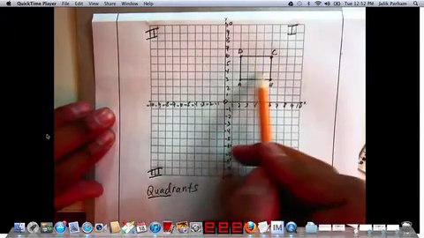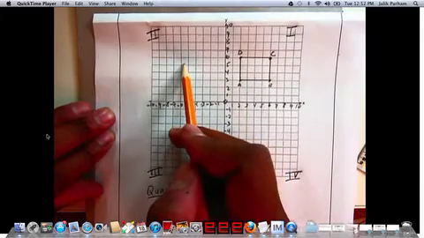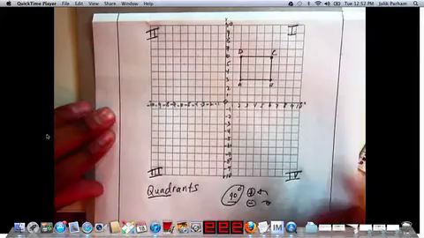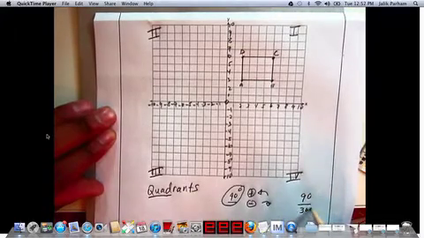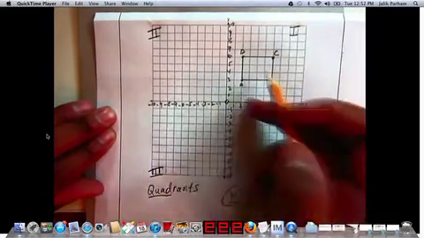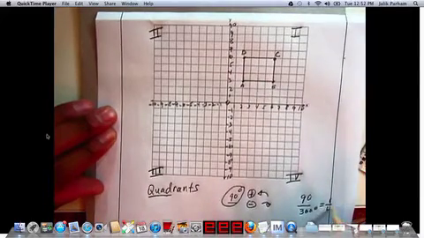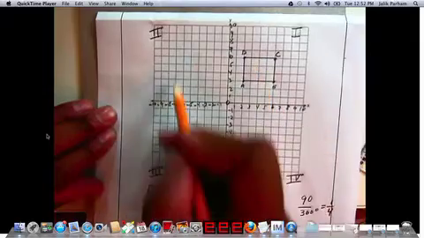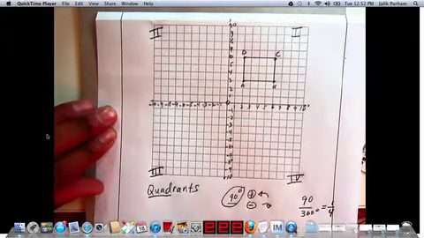So we know that this quadrilateral is going to go into this quadrant, and that's because 90 degrees out of a total of 360, and we know there's 360 degrees in a full rotation, 90 degrees out of 360 is just 1/4. So this is just going 1/4 around. So the question is, how do we do it?